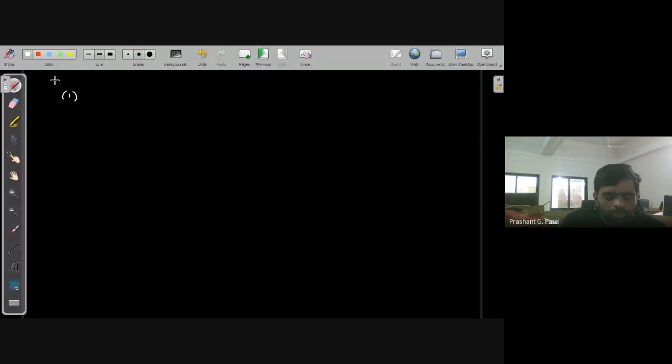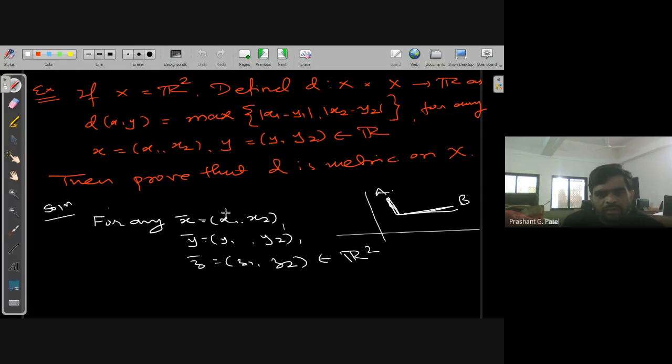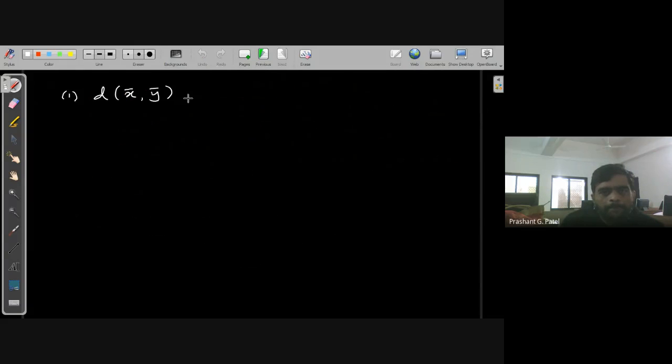So to prove the first property, that is d of x bar, y bar, then this will be maximum of mod of x1 minus y1, x2 minus y2.